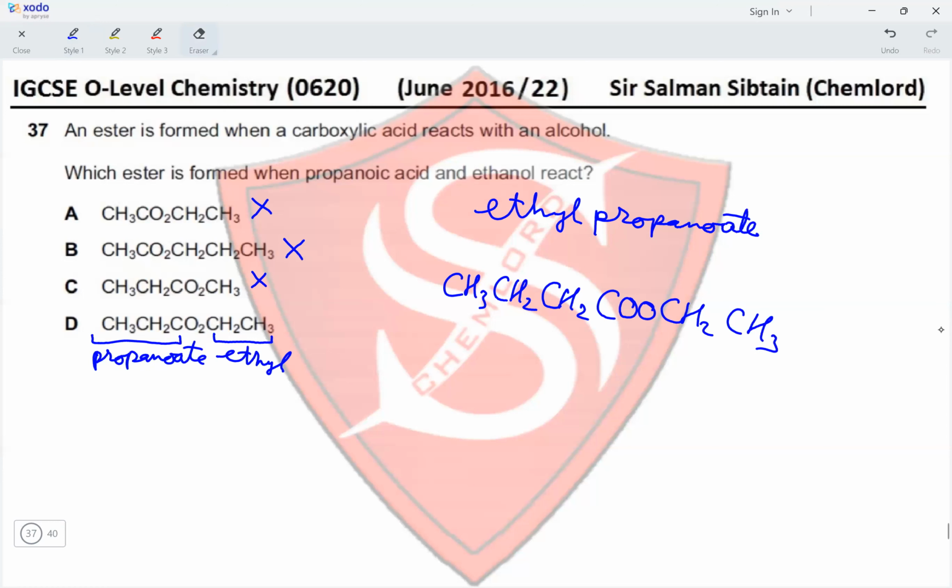Okay, one correction. There is only one CH2 group between CH3 and C double bond O, and not two as I previously made. So this is the structure of ethyl propanoate as given in D. This makes option D the correct option for this question.